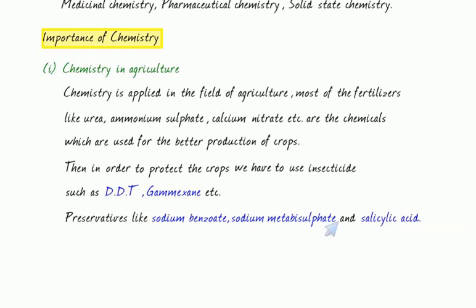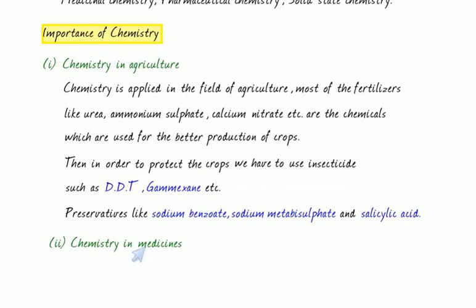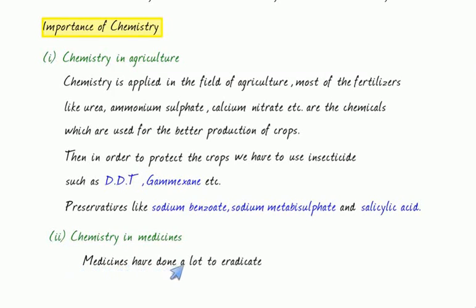Similarly, we have chemistry in medicine. All the medicines are nothing but chemical substances. Medicines have done a lot to eradicate diseases and to improve health. The average life expectancy of the human being has increased due to the use of medicines, which are nothing but chemicals.